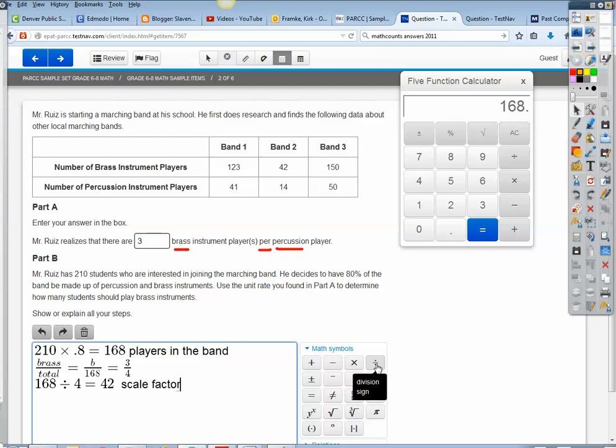So now all I have to do is multiply my scale factor, 42, times my 3.